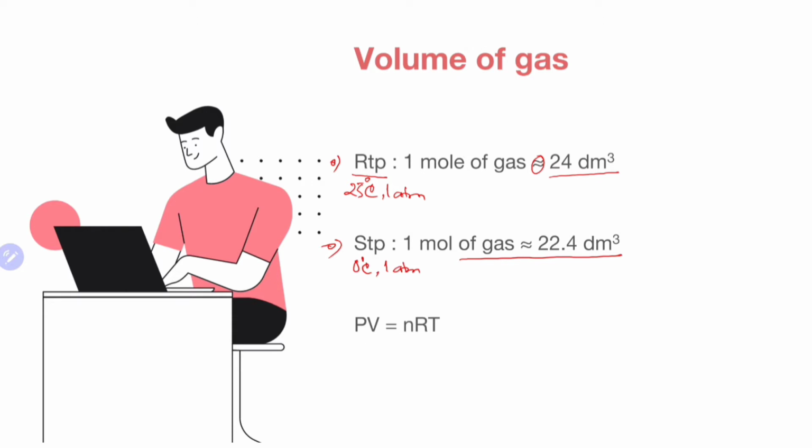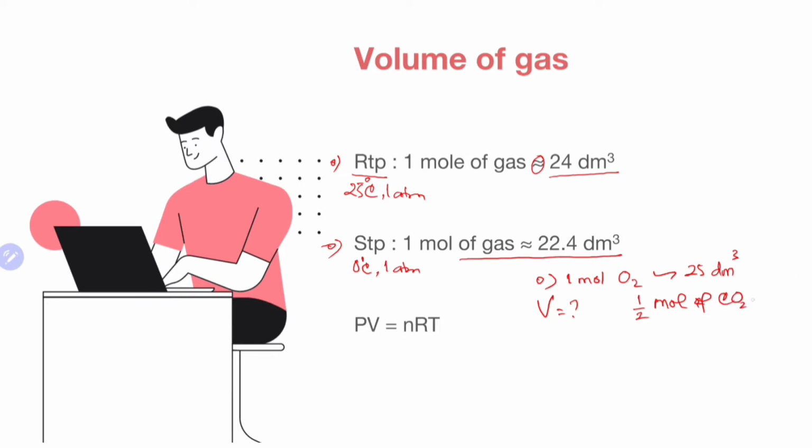When we have no data of pressure or temperature, we can make a comparison. For example, when 1 mole of O2 occupies, let's say, 25 dm³, then the question is, what is the volume of half a mole of another gas, let's say CO2?